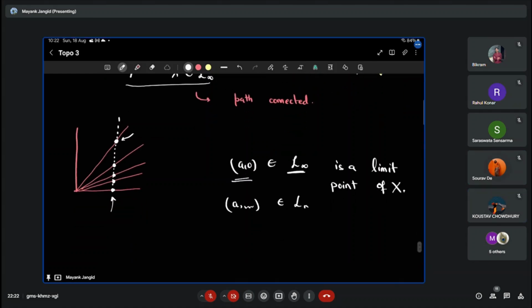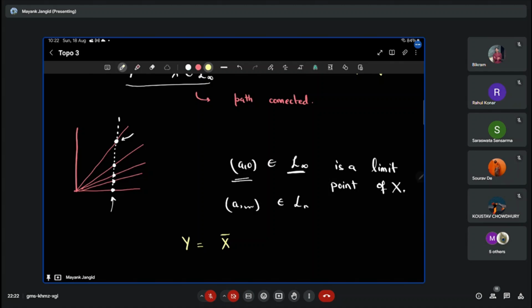So you can check that Y is actually the closure of X. No other point is a limit point; you can check this. So what we can say from the theorem that we proved is that if C is connected, then the closure of C is also connected.